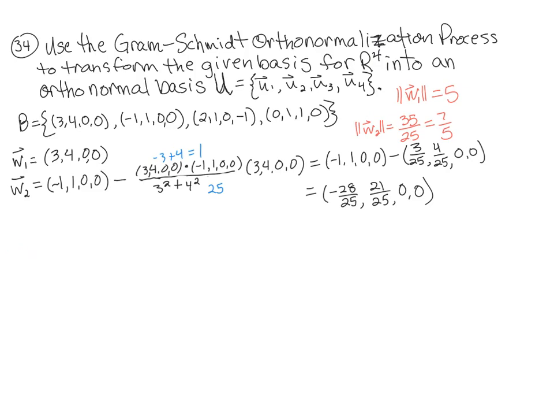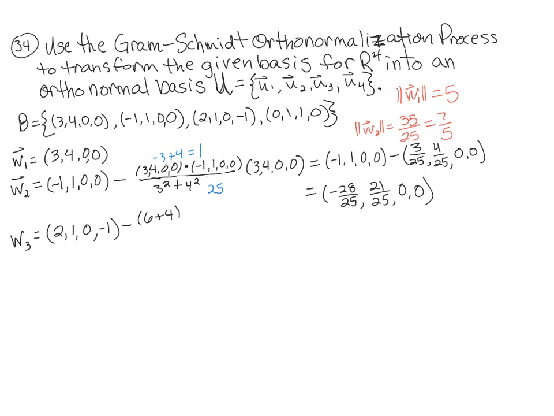W3 equals the third vector in my basis, which is (2, 1, 0, -1), minus the dot product of this vector and the first vector in my basis, which is going to give me 2 times 3, 1 times 4, 0 times 0, 0, 0, 0, 0.